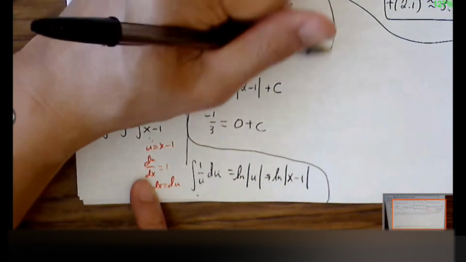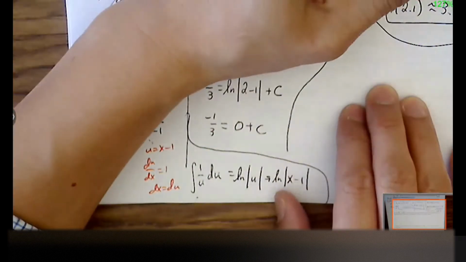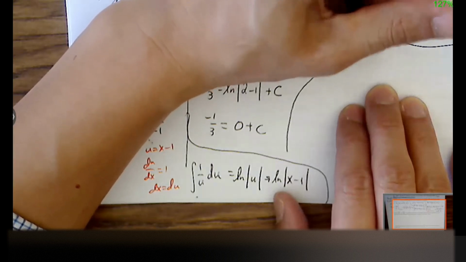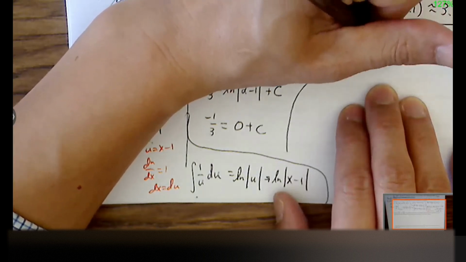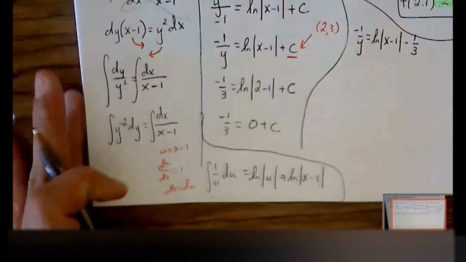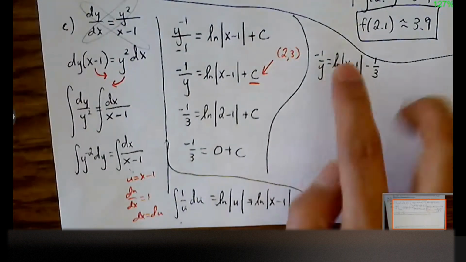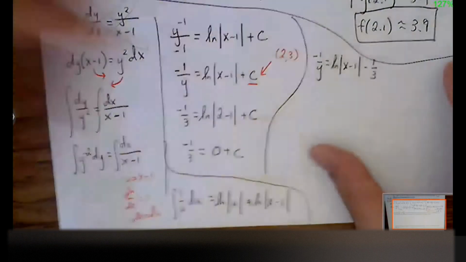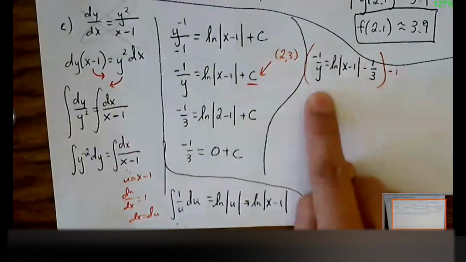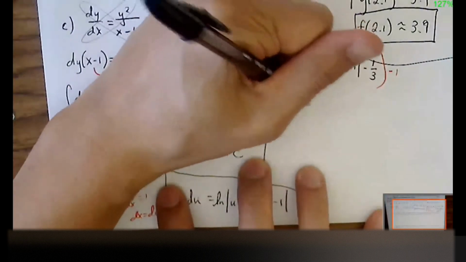C is just negative 1/3. Okay, I'm going to multiply everything through by negative 1, just to get that left side to be just positive.